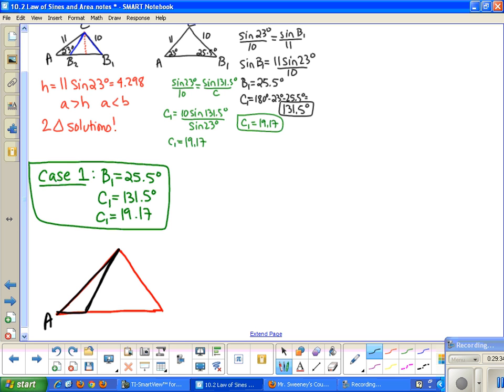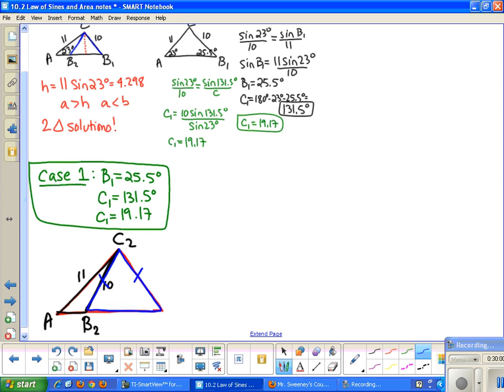So A stays 23 degrees. This would be, let's call it C2, and we're going to call this B2. So this would be side C2. This is going to be still over here 11, and this is 10. Notice that inside triangle that we have right here, this actually makes an isosceles triangle because this length and this length are the same.